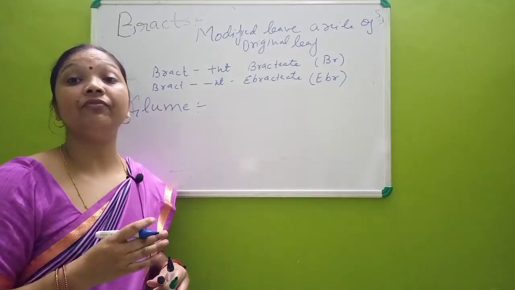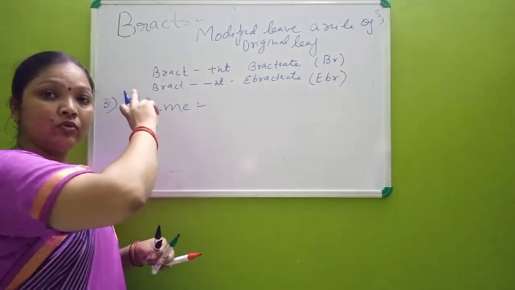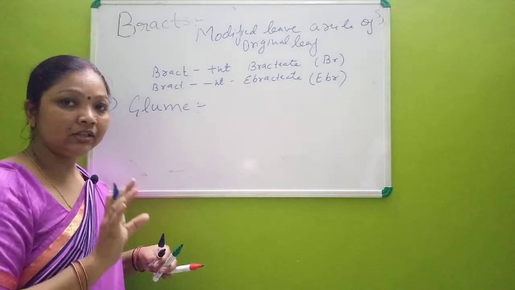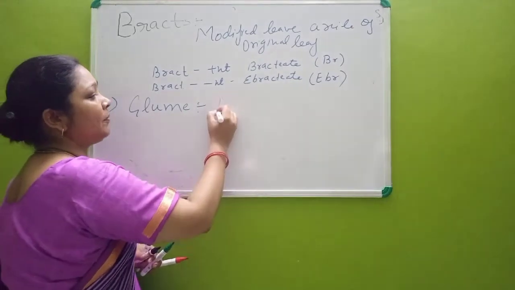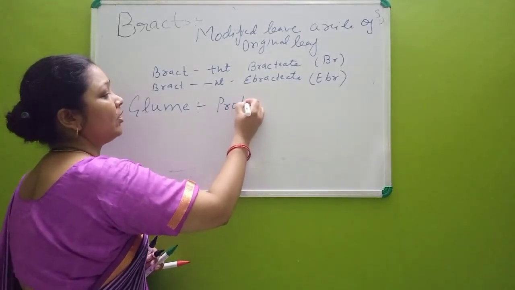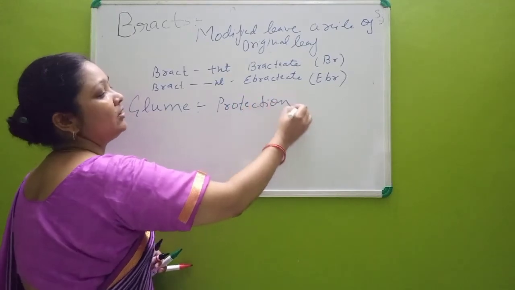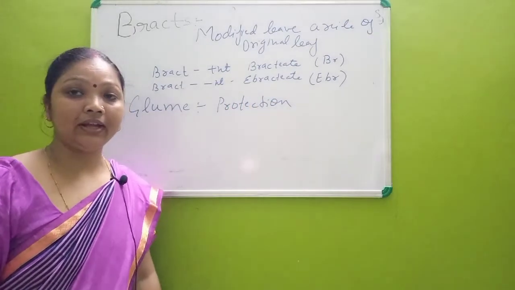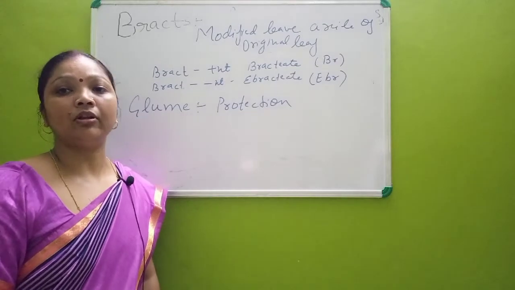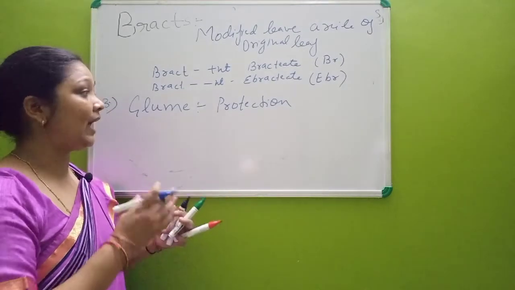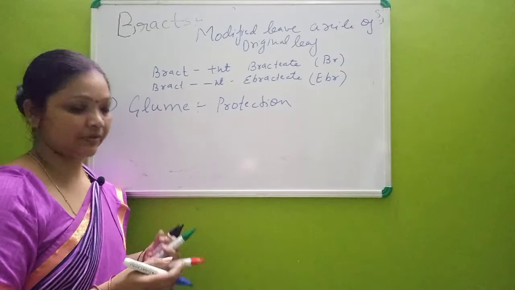It is found in wheat. The two I have taught are for attracting insects. Now this glume is for the purpose of protection. The bract is modified into a glume for protection, and it is found in wheat.